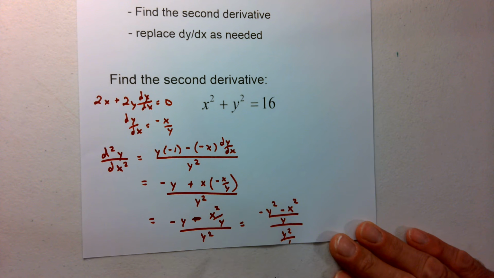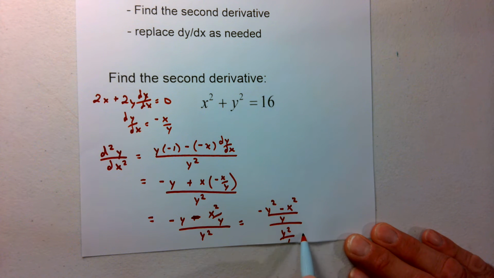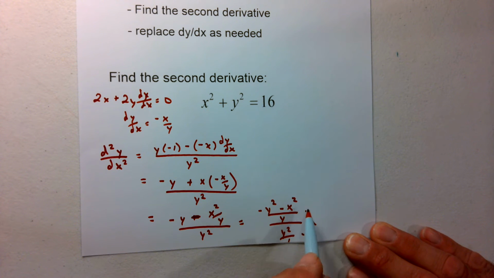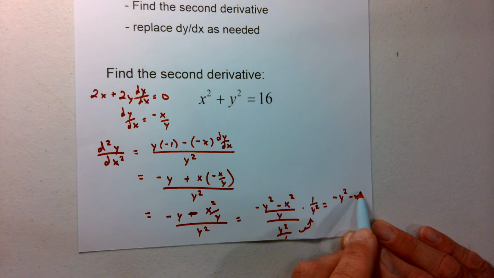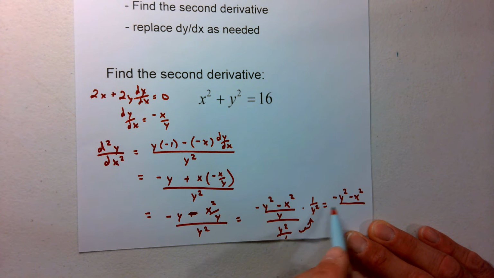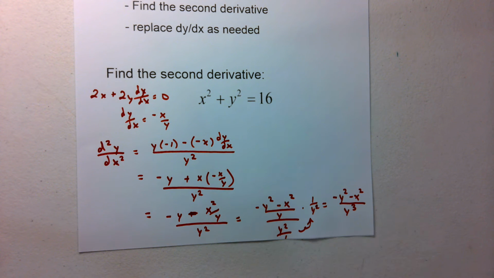This is over 1. So we can multiply by the reciprocal, which is 1 over y squared. So cleaning this up, we get negative y squared minus x squared over y times y squared, or y to the third. And that gives us our second derivative of our circle.